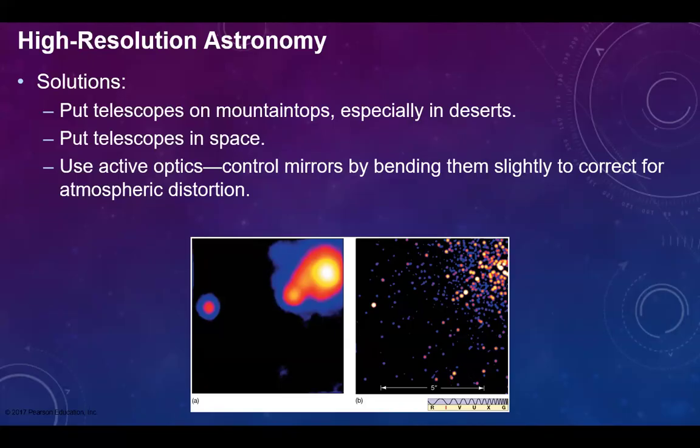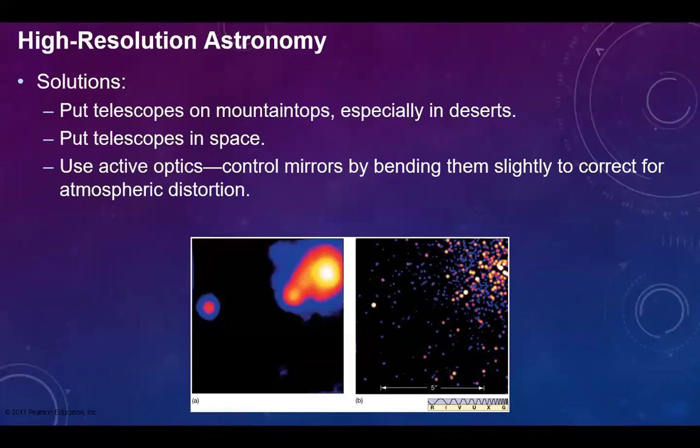So we put telescopes on top of mountains. So they're above lots of weather and things like that, especially in deserts, because wet air distorts light more than dry air. And it causes more turbulence as well. So we put them in dry, high altitude locations.